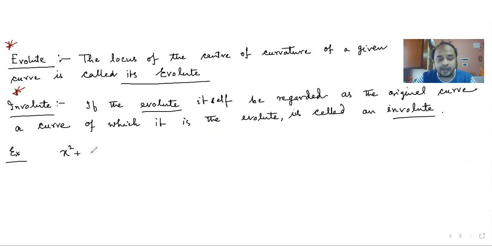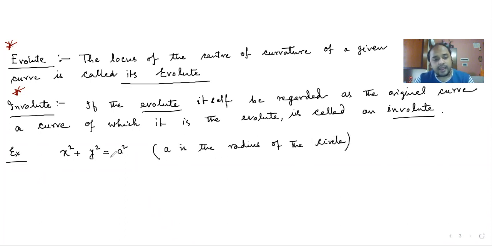You can write x square plus y square is equal to a square, where a is the radius of the circle, and the circle center is at the point 0, 0. This is your circle.